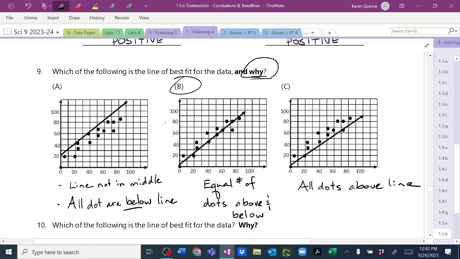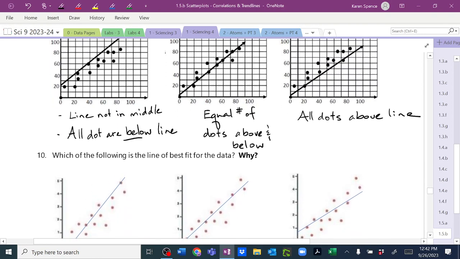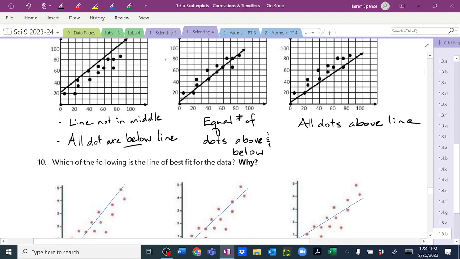So that is a happy, happy thing. Yes, for sure.